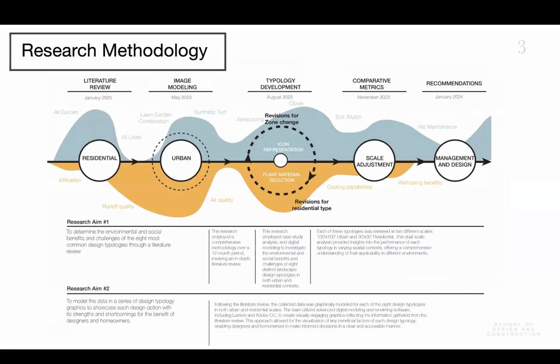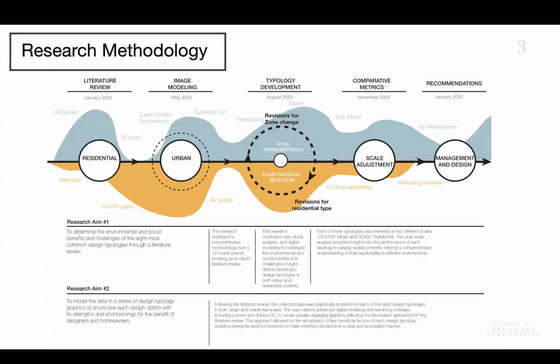Over a 12-month period, we conducted a comprehensive analysis using 3 key approaches. First, an extensive literature review examining peer-reviewed research on environmental and social impacts. Second, a case study analysis of 8 prevalent landscape typologies at both urban and residential scales, specifically 100-foot by 100-foot urban spaces and 30-foot by 30-foot residential areas.